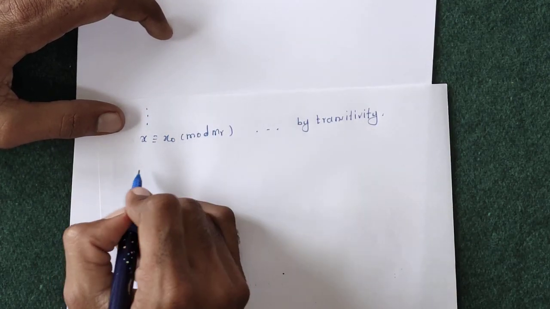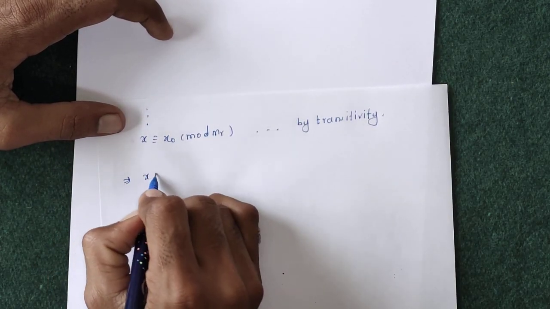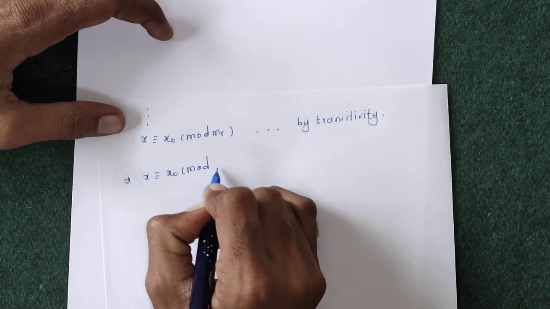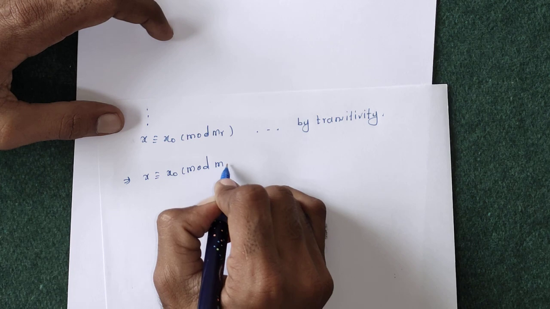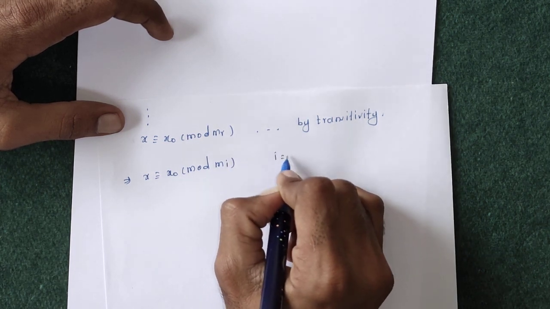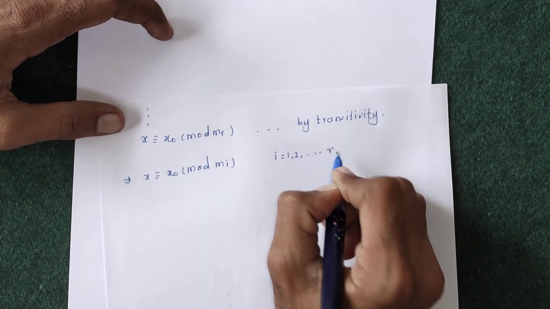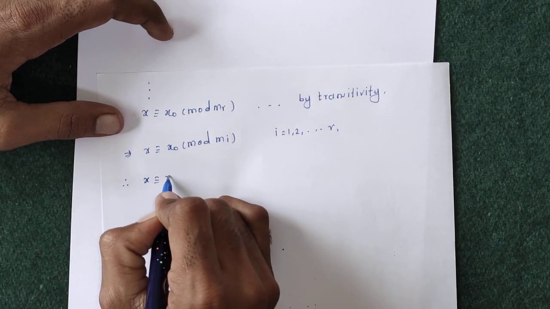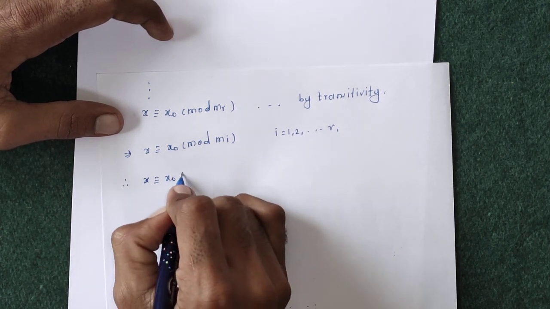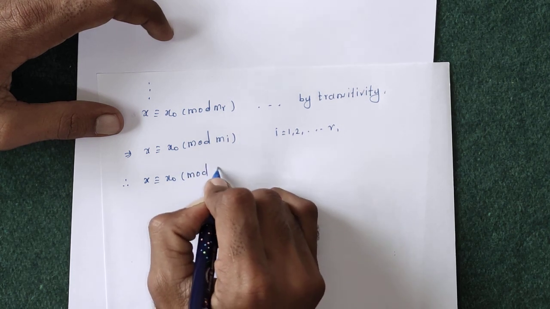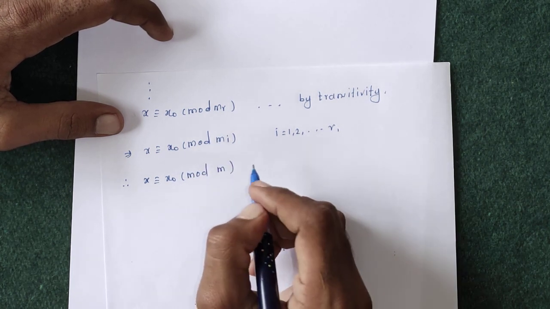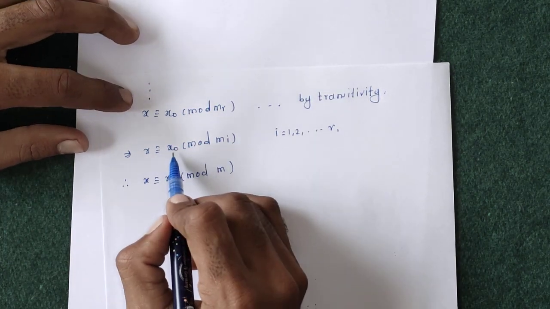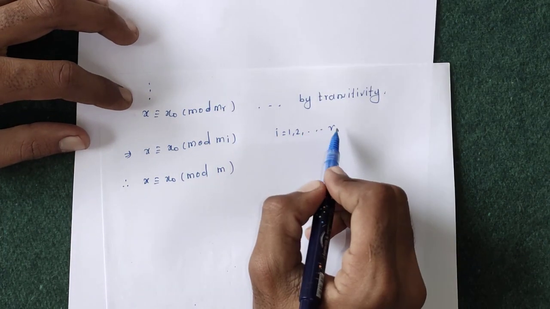So I will write x is congruent to x naught modulo mi, where i is running from 1 up to r. Therefore we can write x is congruent to x naught under modulo m, because x is congruent to x naught modulo mi, i running from 1 to r.